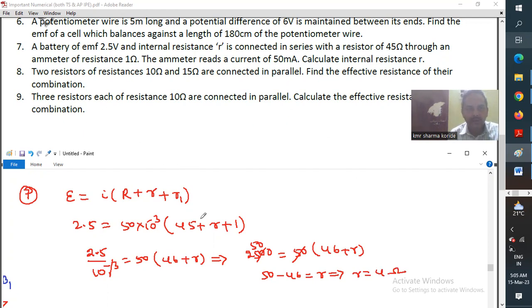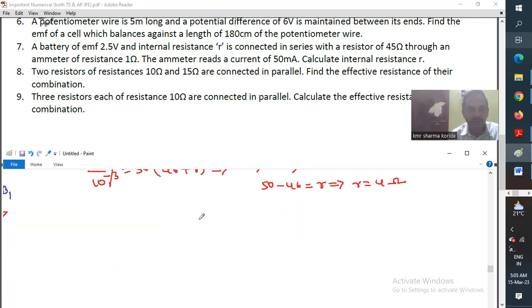Moving to the answer for the next question, question number 8. Two resistors of resistance 10 ohm and 15 ohm are connected in parallel. Find the effective resistance of their combination. So once again, 1 by RP is equal to 1 by R1 plus 1 by R2.